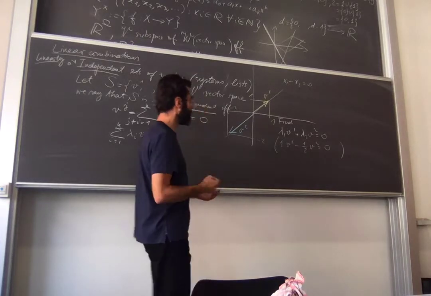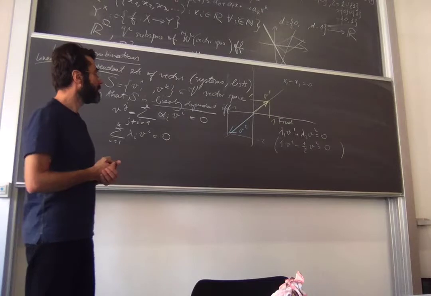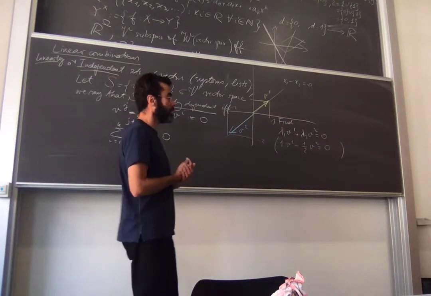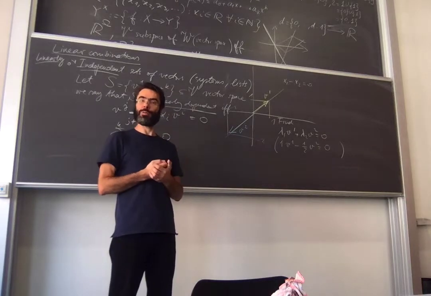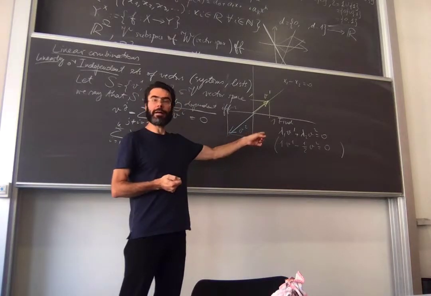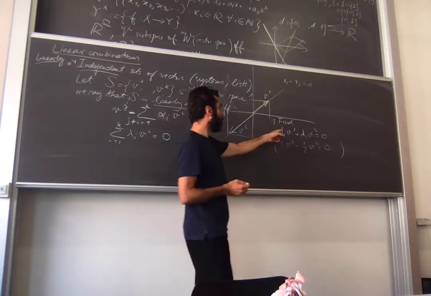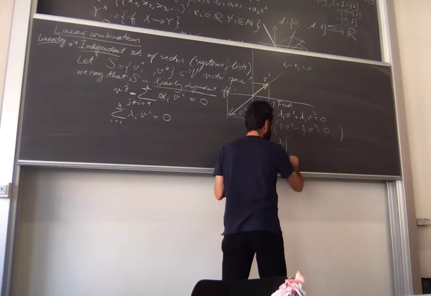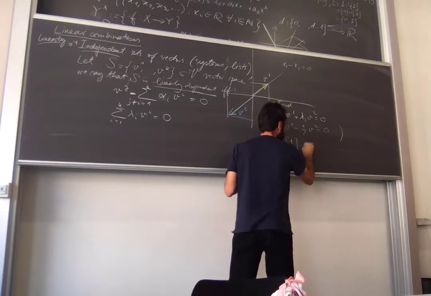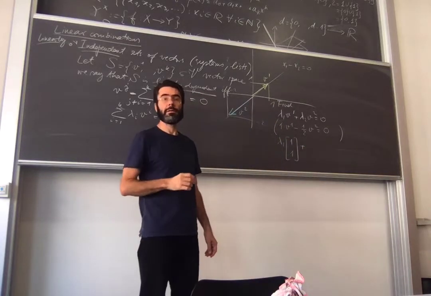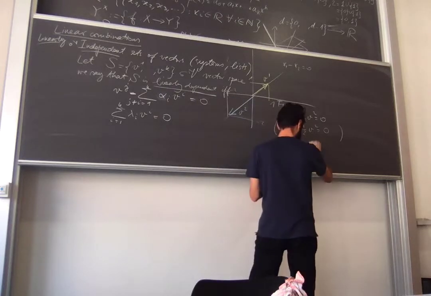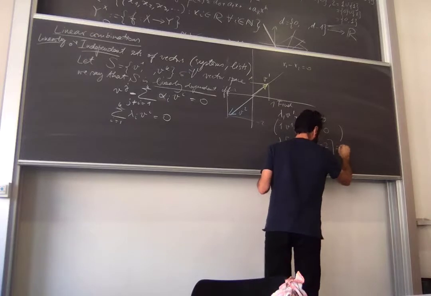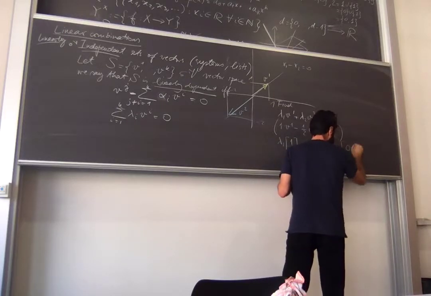So that's how you could solve this problem. But suppose you were being a bit less geometric, and you say, I want to solve that. How would you do it? You would go for V1. V1 is 1, 1. So you have lambda 1 times 1, 1 plus lambda 2 times minus 2, minus 2, and you want this to be equal to the vector 0, 0.